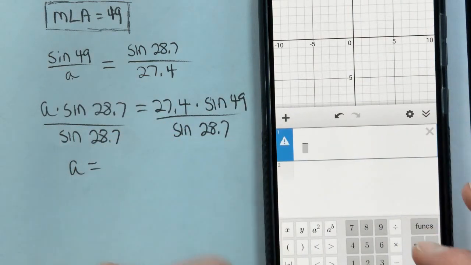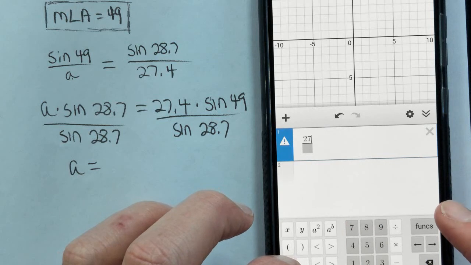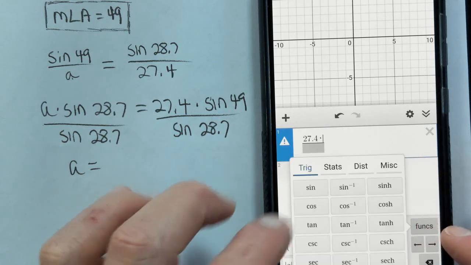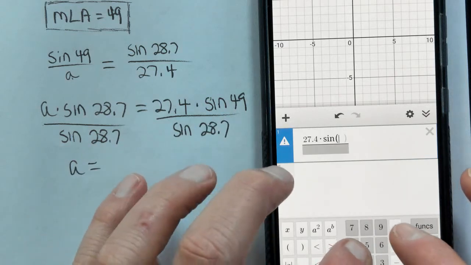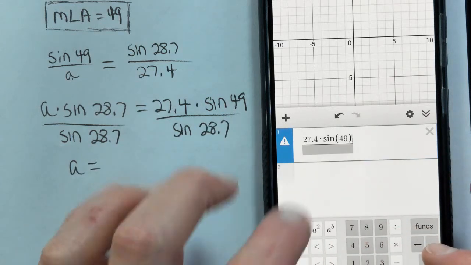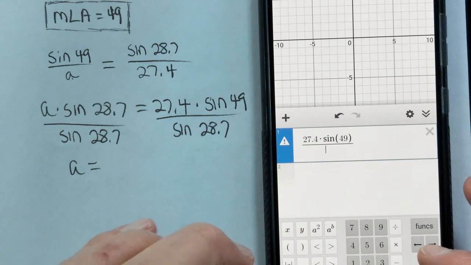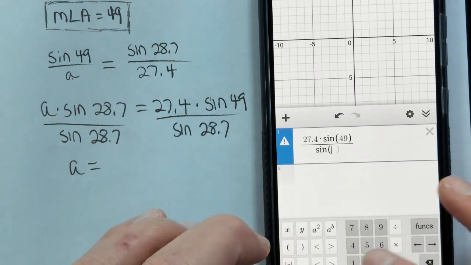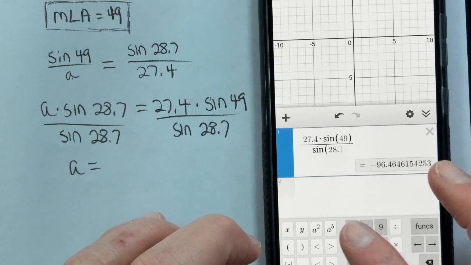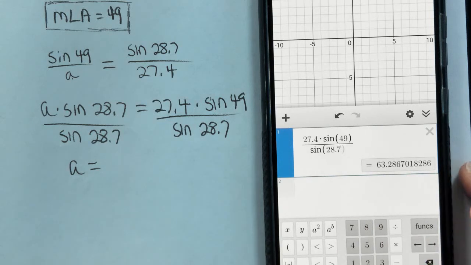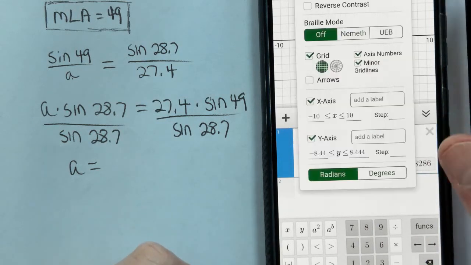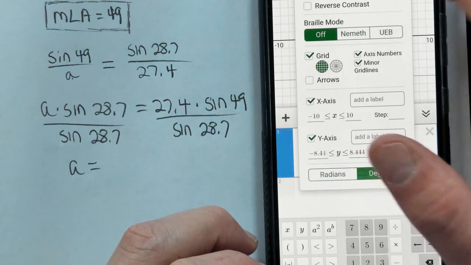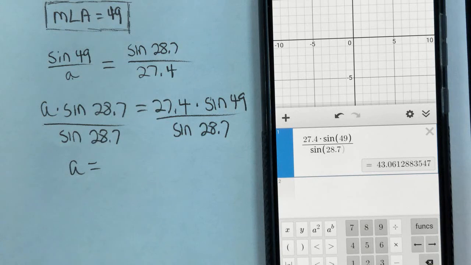Let's start with a fraction first. 27.4 times sine of 49. Okay, and I'm going to put that over the sine of 28.7. And so once again, got to make sure that we're in degrees. And once we are, we have the correct answer.